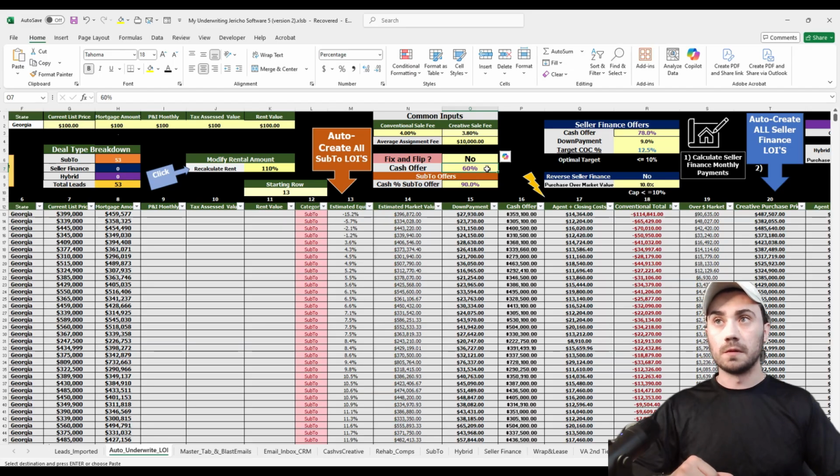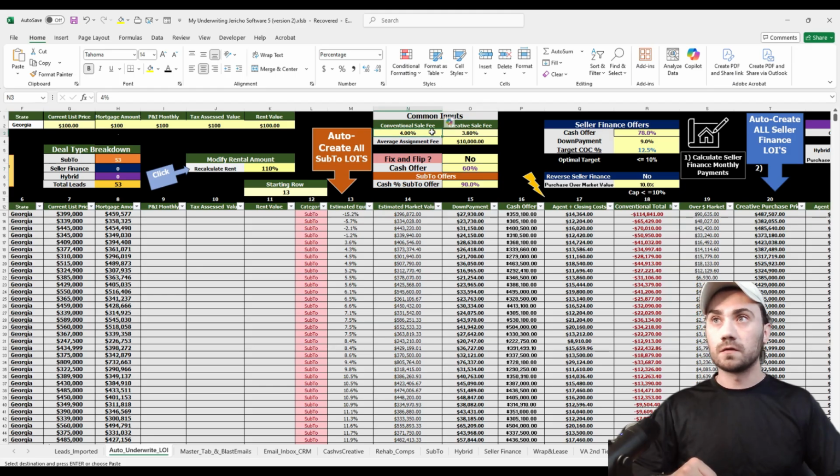So this cash offer will be based off of the days on market. And the greater number of days on market, the lower market value that property is going to have. And so then your cash offer is going to be based off of that current market value for that fix and flip property. Now, we are not going to do any type of fix and flip properties at this moment in time, as we are strictly focused in on the subject to acquisitions.